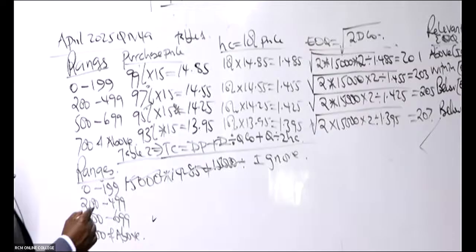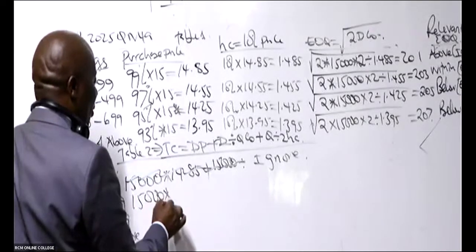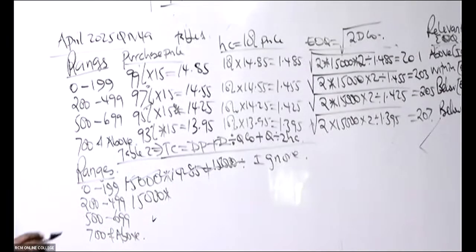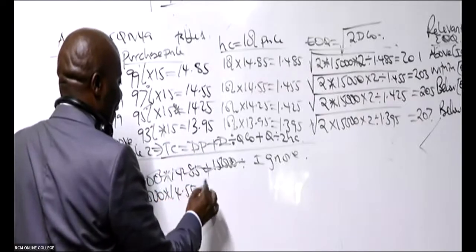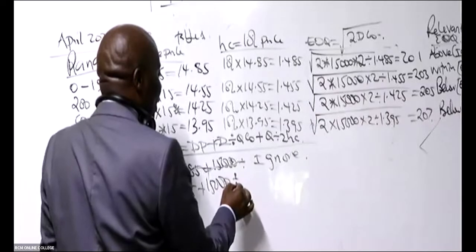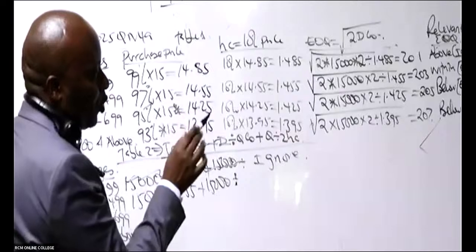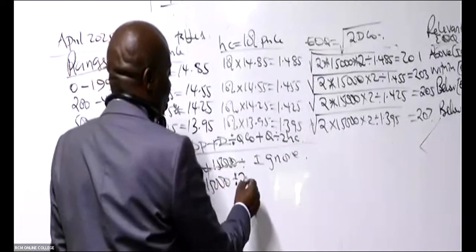Range number 2, we shall take the annual demand, the 15,000. How about the price? The price for range 2 is 14.55, isn't it? Yeah, plus this annual demand divided by the second quantity there. Within the relevant EOQ, you have said the EOQ is 203, isn't it?